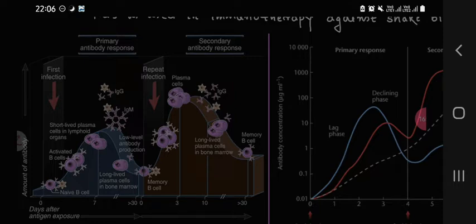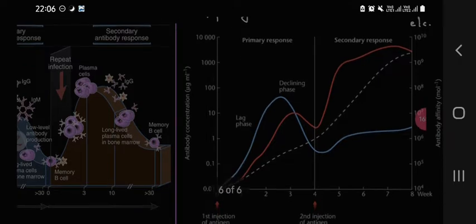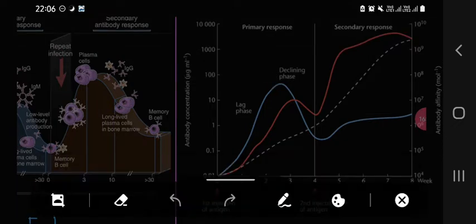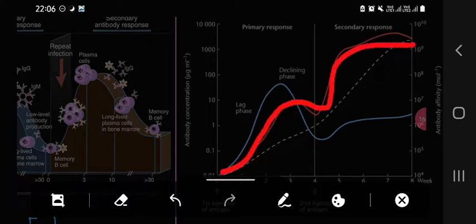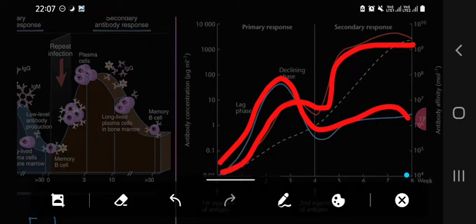Here you can see antibody concentration and time period: first injection of antigen, lag phase, declining phase in primary response, and then the secondary response. This one is the primary response and this one is the secondary response.